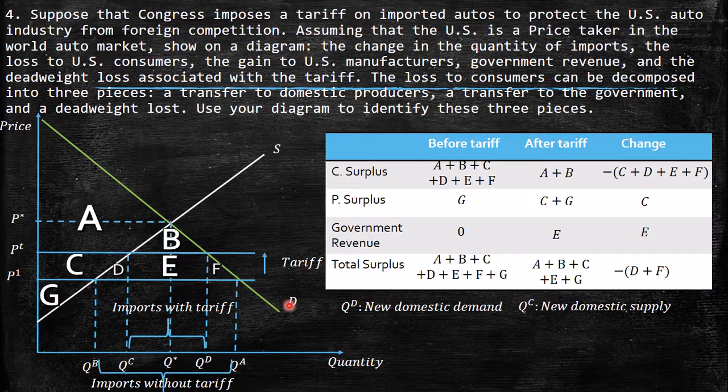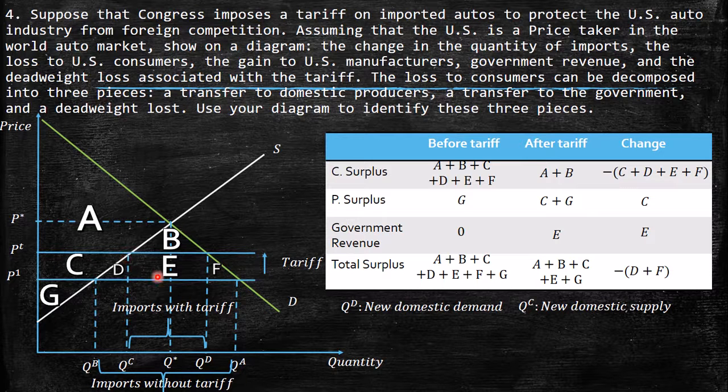Now how can we decompose this in three? The first one is the transfer to domestic producers. The transfer is this C, because it belonged to the consumer side before, but after the tariff it no longer belongs to the consumers. It is part of the producers.